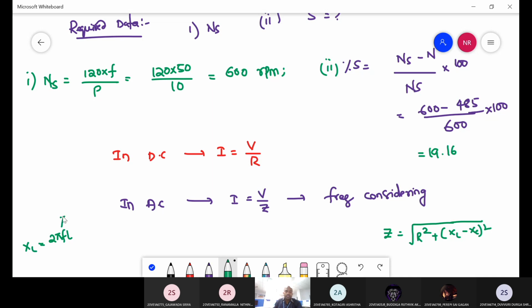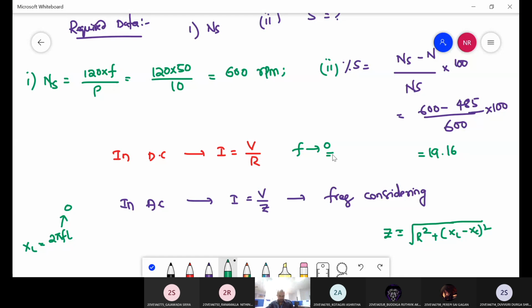If the frequency is 0, what is this value? XL is 0, XC also 0. So Z is equal to R. Here F is equal to 0, so it is not considered. You got the point?